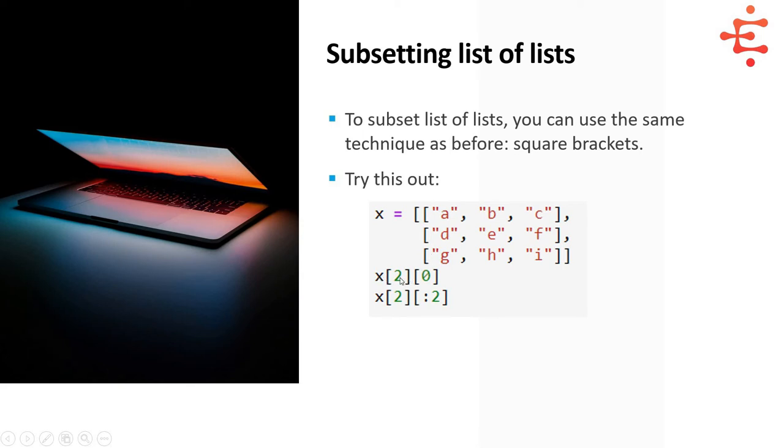So X[2] means I'm talking about GHI, and after 2 I'm having 0 enclosed within square brackets. 0 means I'm talking about G, the alphabet G in this case, which is in the sublist at index 2.